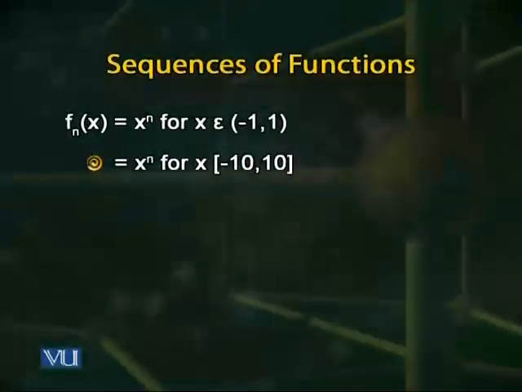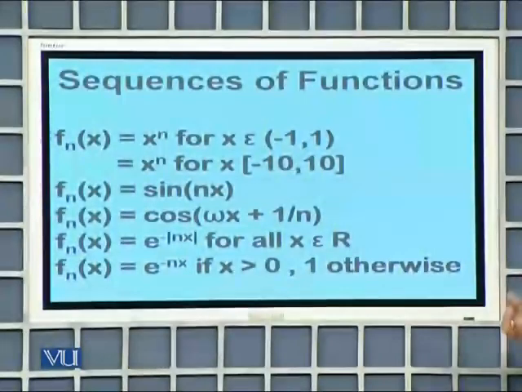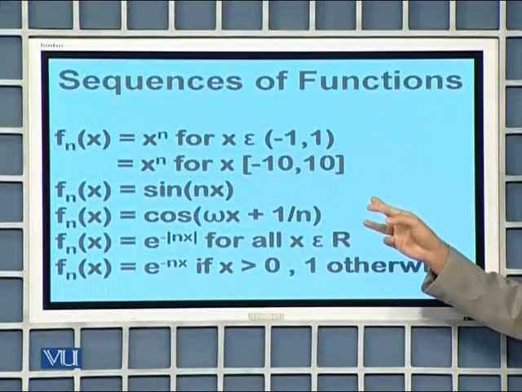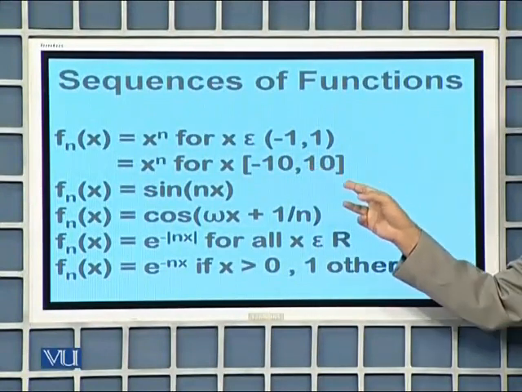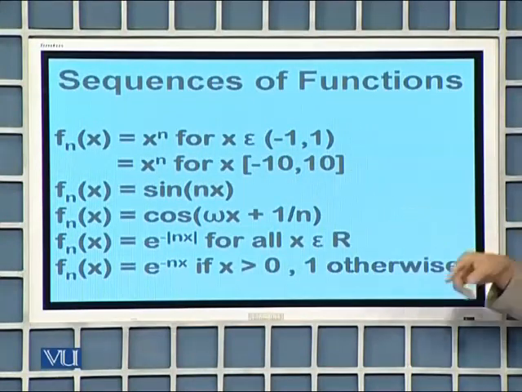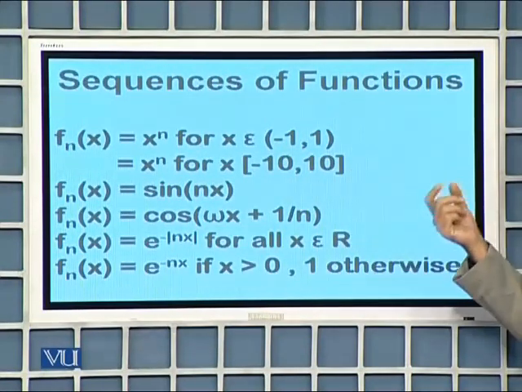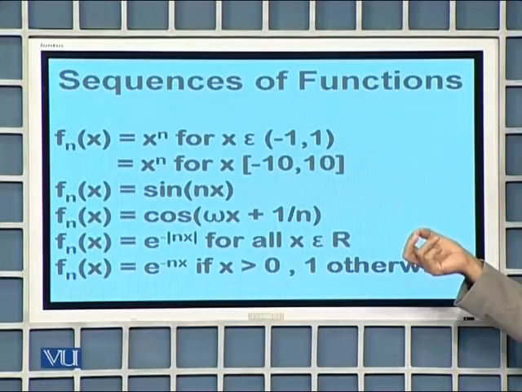Let's take the same sequence of functions x raised to power n, but change the domain from -1 to 1 to -10 to 10. With this extended domain, the sequence of functions does not remain convergent, because if you pick a number larger than 1 in this domain, say 5, then the value of the first function at 5 will be 5.